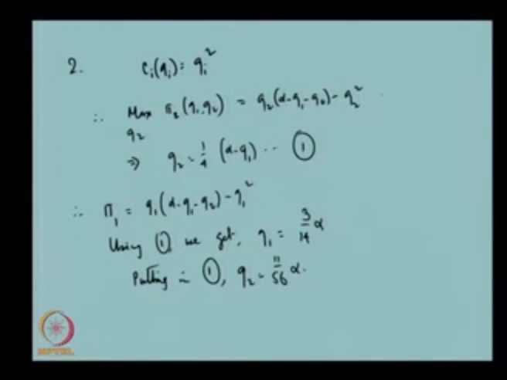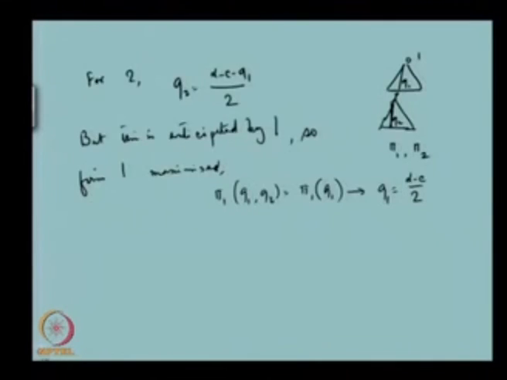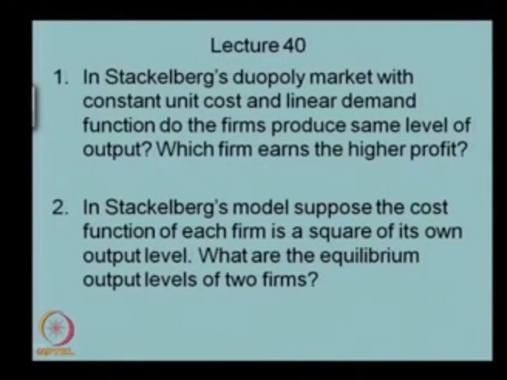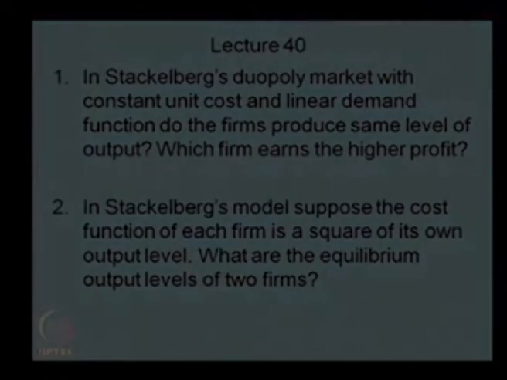Firm 1 will earn more profit, firm 2 will earn less profit. So, the sort of qualitative result we got for constant unit cost remains the same even if we have quadratic cost of production, that firm 1 is producing more, earning more profit, firm 2 is producing less, earning less profit. Thank you.